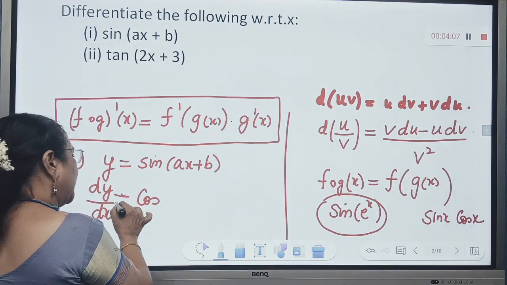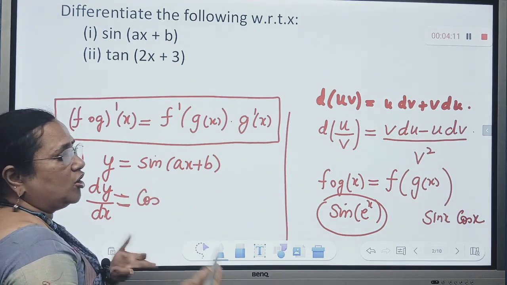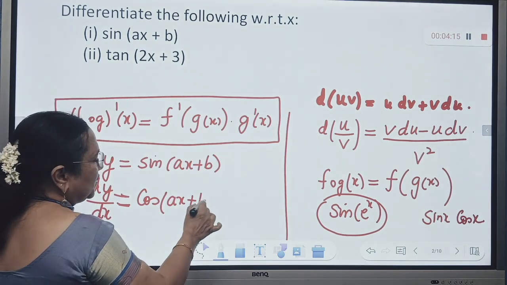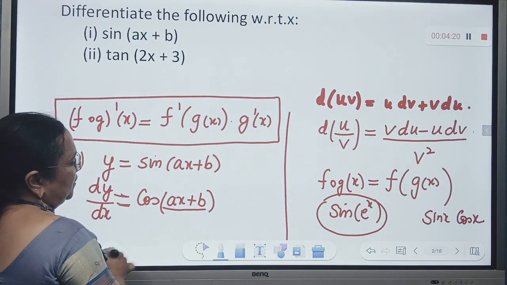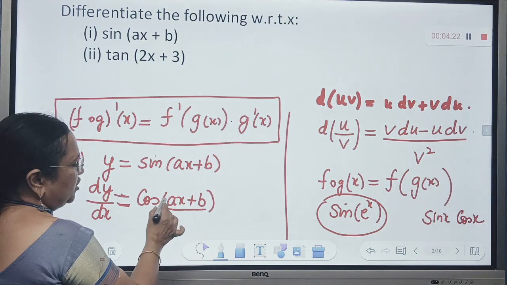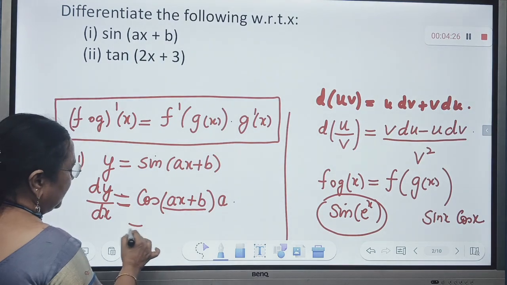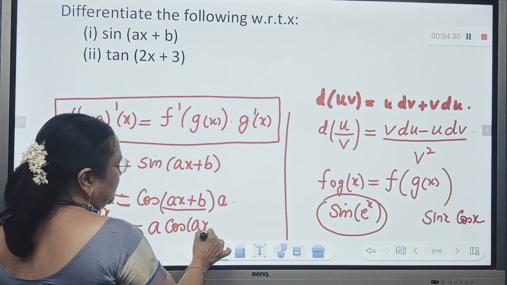First differentiate sine. What is the derivative of the sine function? The cos function. So sine theta gives cos theta. So cos of ax plus b into the derivative of ax plus b. b is a constant, so its derivative is 0. For ax, the derivative is a. So the derivative is a into cos of ax plus b.